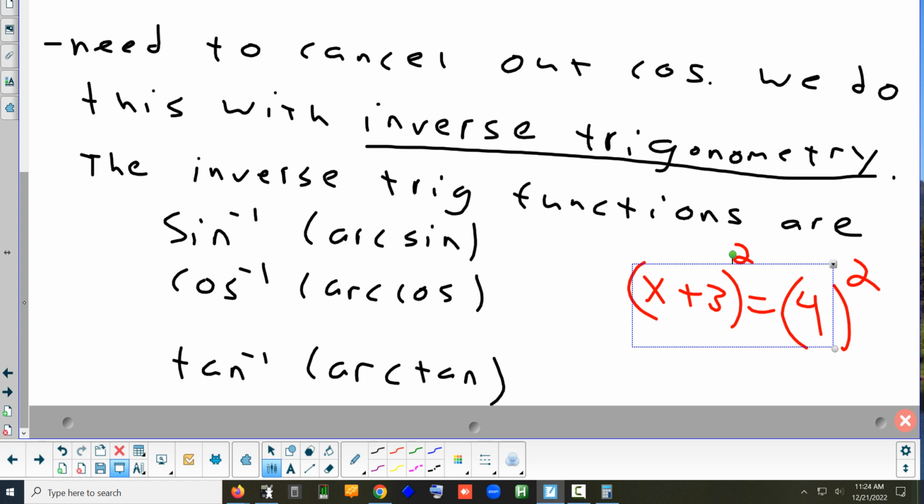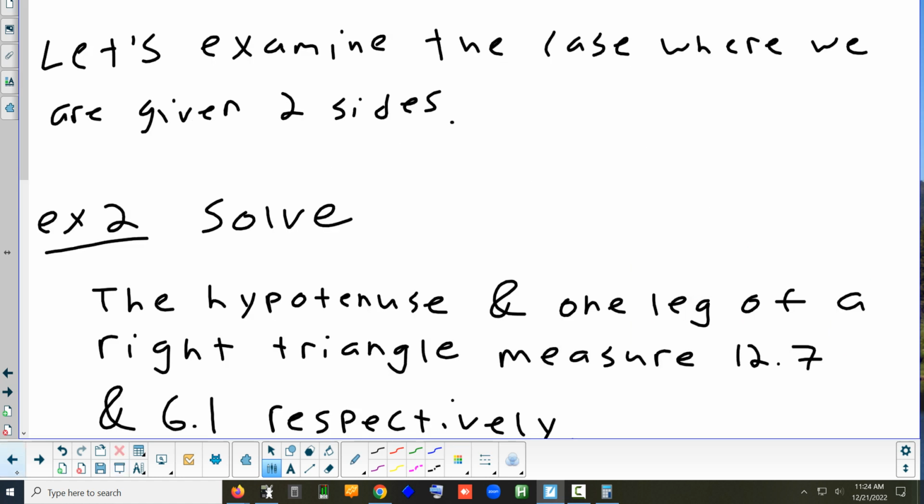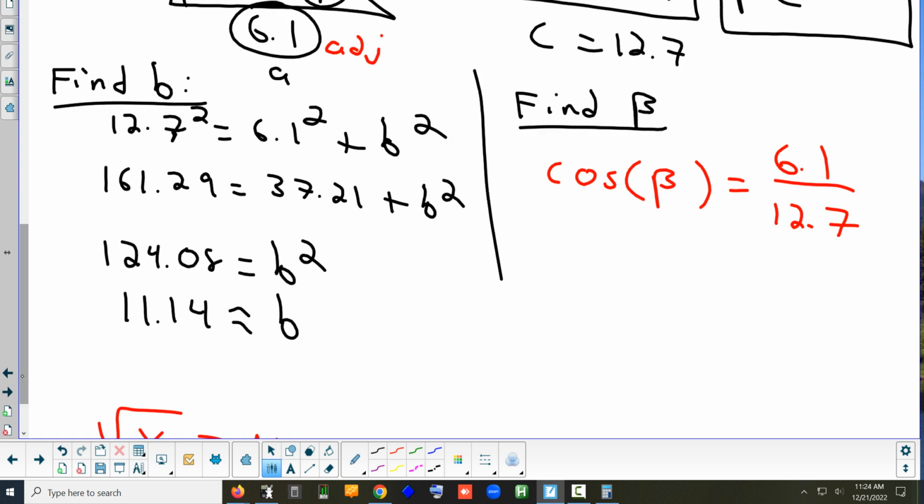So we're going to go back to the problem we had and see if we can solve it using inverse trig. Right now we have cosine of beta equals 6.1 over 12.7. To cancel out cosine, we're going to use inverse cosine.